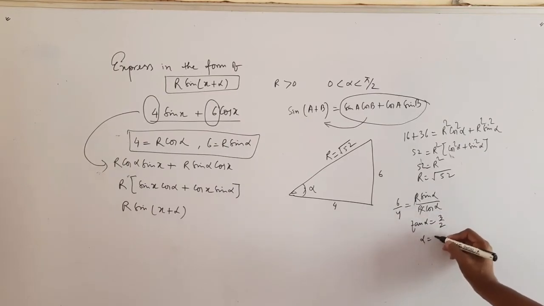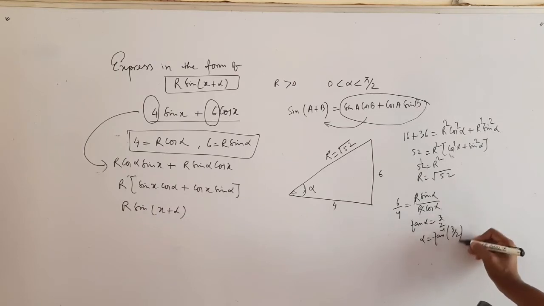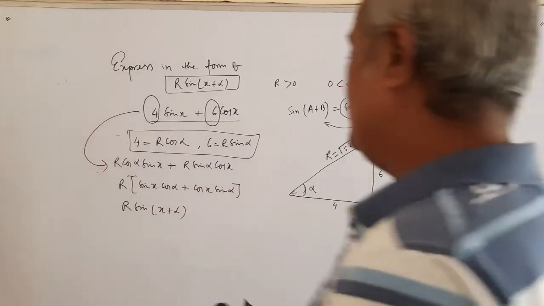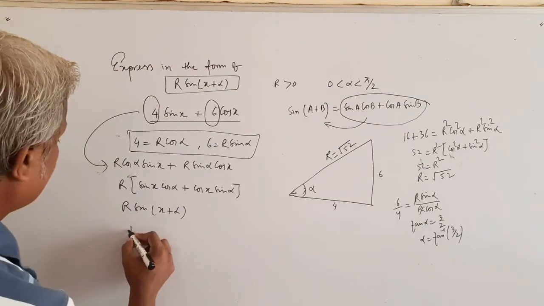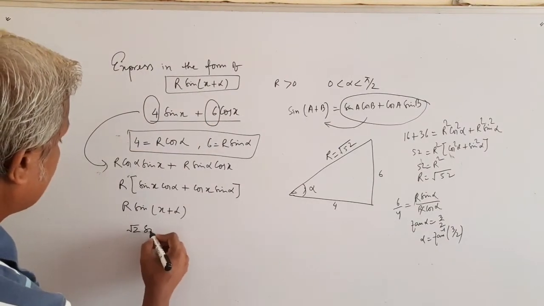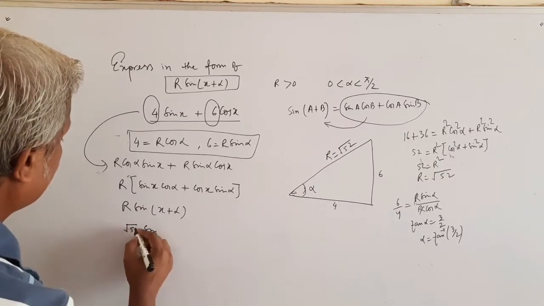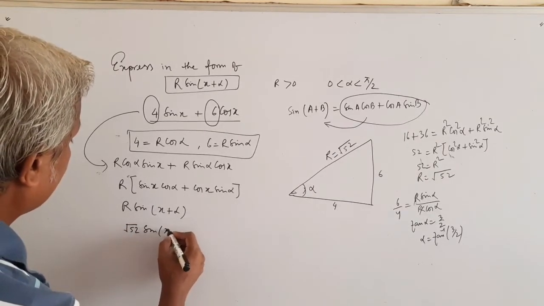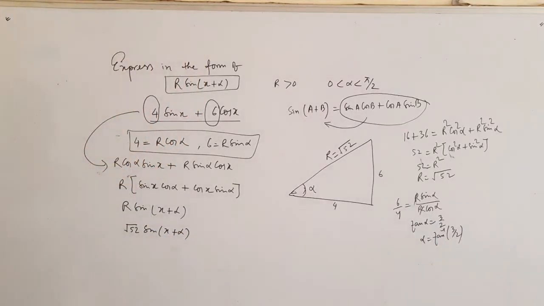So alpha is tan inverse 3 over 2. So your answer becomes under root 52 sine x plus alpha, and alpha is tan inverse 3 by 2.